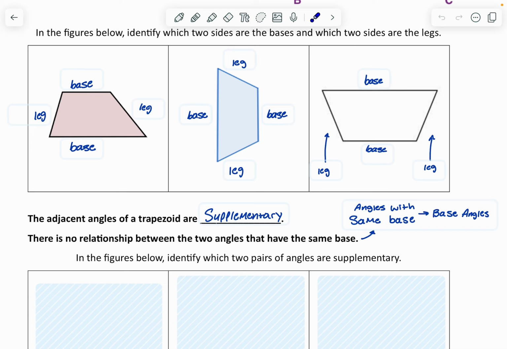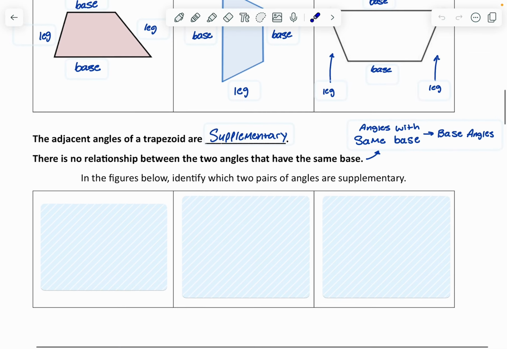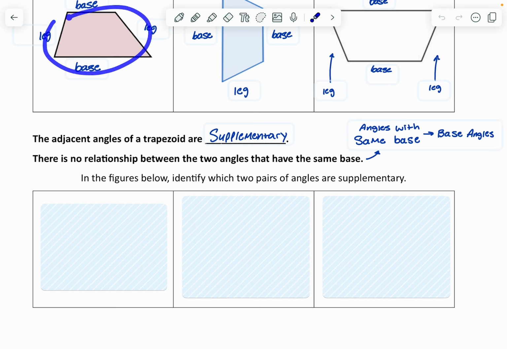Again, there's no relationship between the base angles, not in a general trapezoid. In the same pictures from above, please take a second now to identify which two pairs of angles are going to be supplementary.